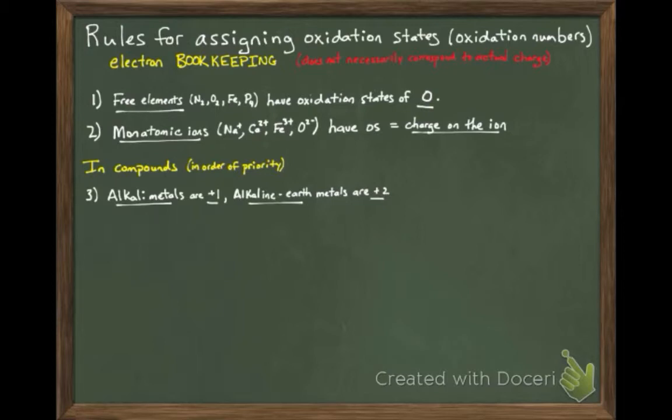And for the alkaline earth metals, such as magnesium or calcium, you assign those metals an oxidation state of +2. Fluorine always has an oxidation state of -1.